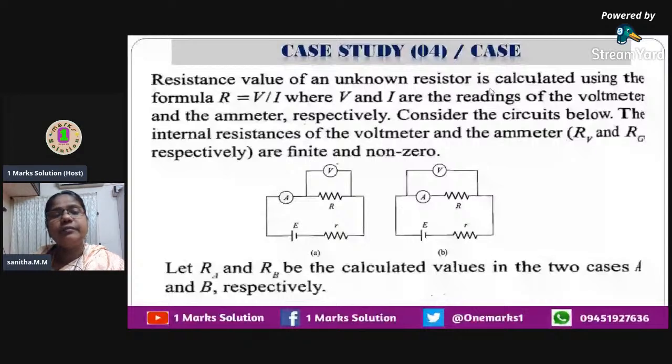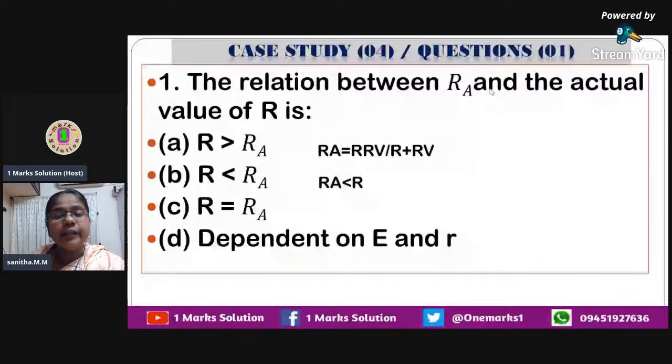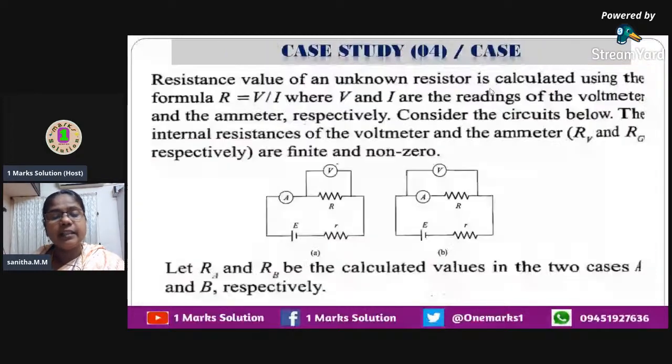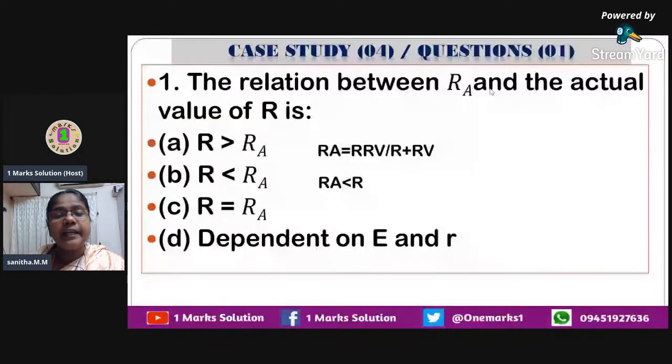The first question: the relation between RA and the actual value of R. Here you can see the figure. Once again, I'm just showing the figure, R and the total resistance RA. Which one will be greater? First of all, how will you find RA? You can see that it is a parallel combination.